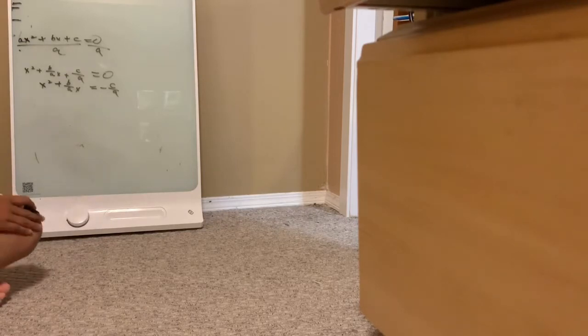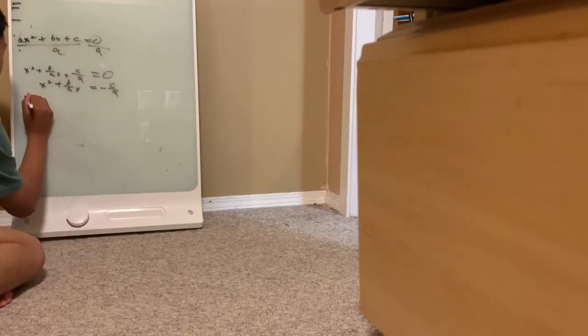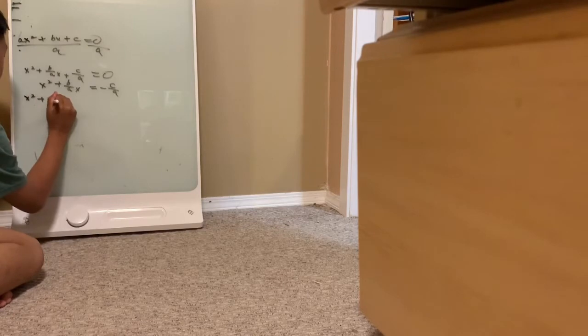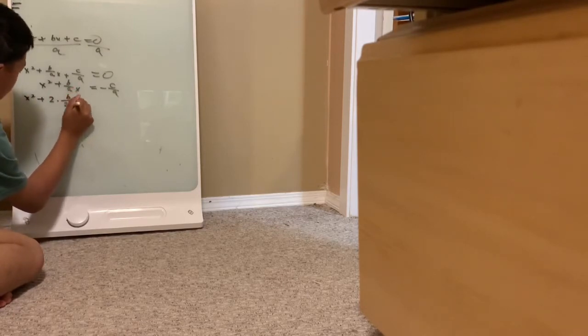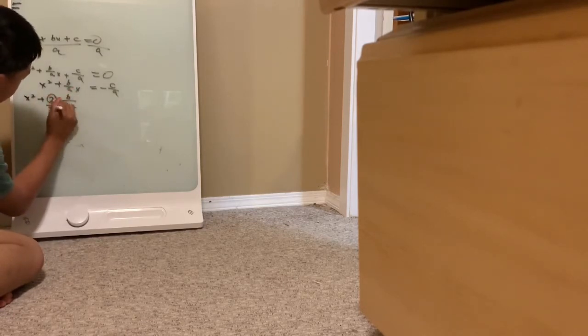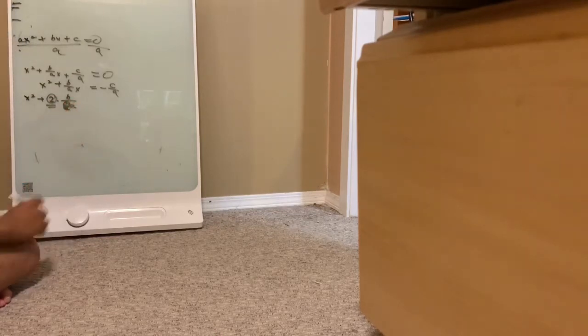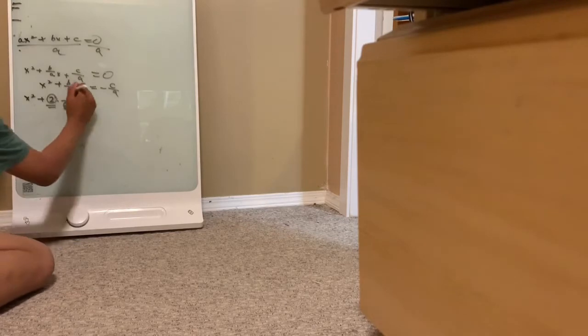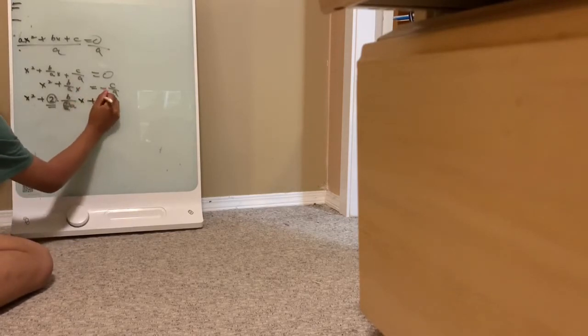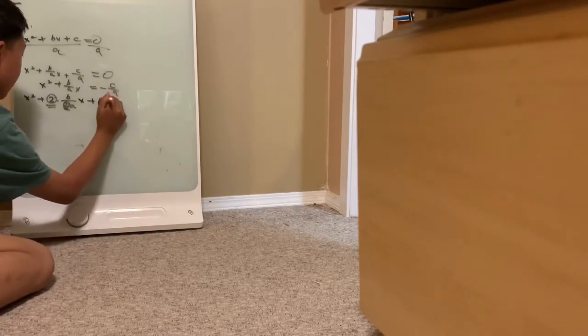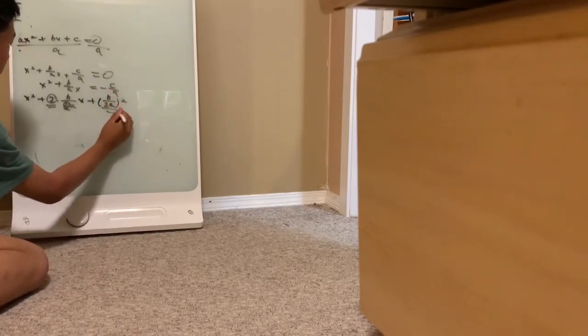What happens next is going to be very important. We put a 2 here, times 2 here, and put a divide by 2 here, so that the result won't change. And then we add b over 2a squared on both sides.